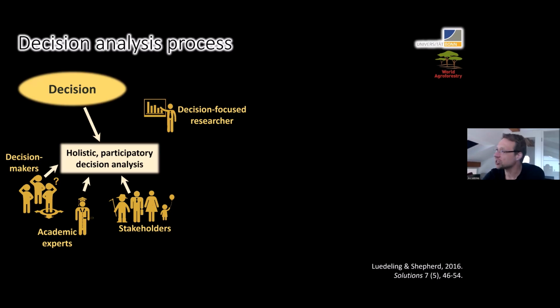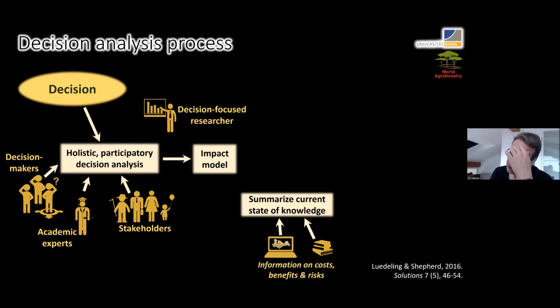So we really try to understand the decision in all its details and especially with all the ramifications that arise from it. So all the consequences that the decision has, we're trying to characterize and convert into an impact model that we can then feed with a summary of the current state of knowledge on all the inputs that the model requires.